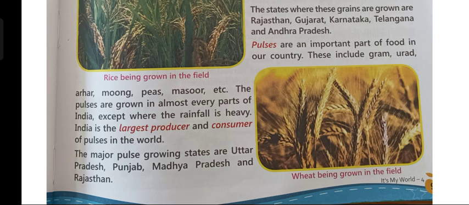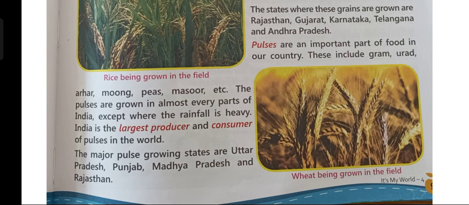The major pulse growing states are Uttar Pradesh, Punjab, Madhya Pradesh, and Rajasthan. So, children, pulses are an important part of our food because they provide us with a lot of protein, and that is why pulses are an important part of our food.